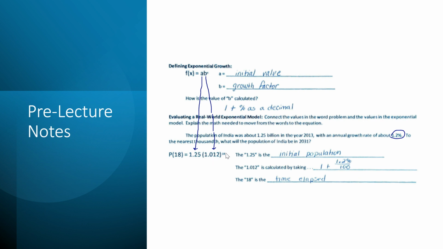The 18, the exponent up here, is the time. So in this problem, we would look from 2013 to 2031. That is 18 years. And that's where we got the time of 18, which goes in for the X in the original problem.